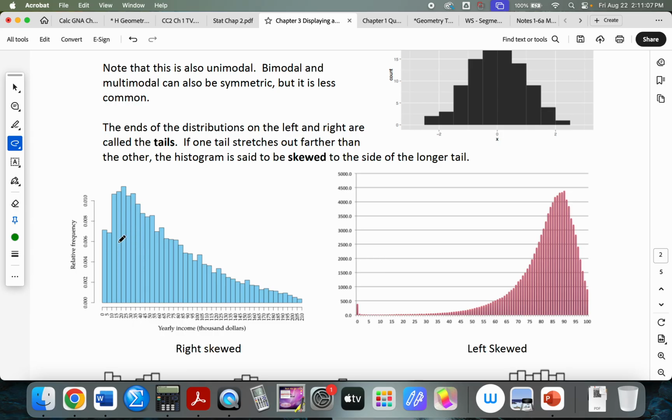I thought that where the peak was told you which way it was skewed. But it's the other way around. It's where the tail is. The tail tells you which direction the skew is. This is right skewed. And this is left skewed. Okay? I don't know why I thought it was the other way around. I thought it for years.